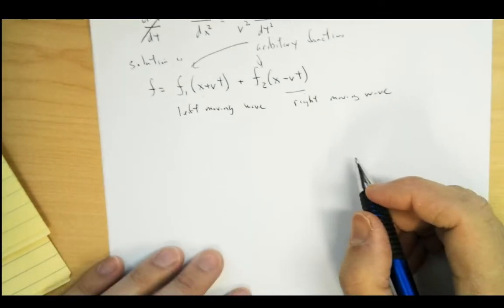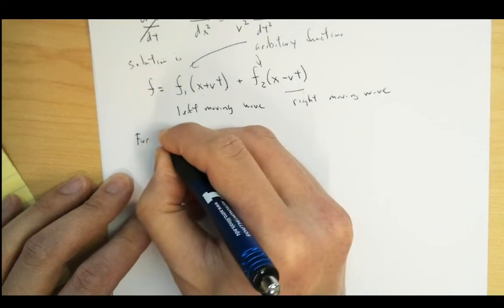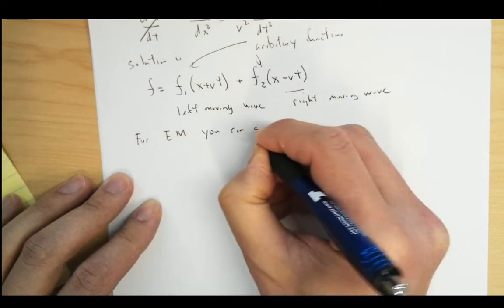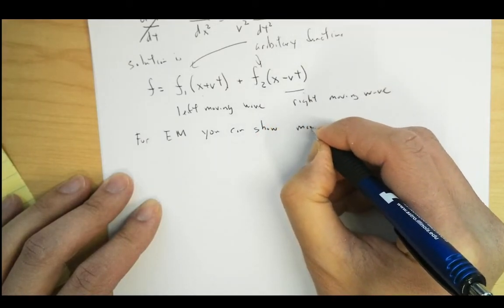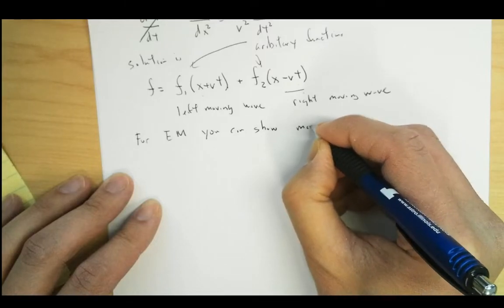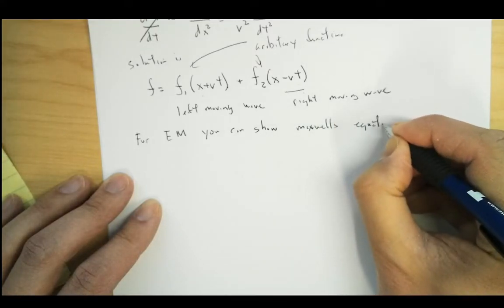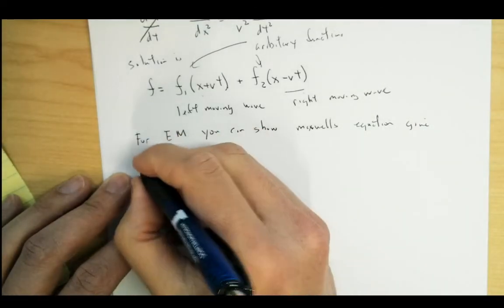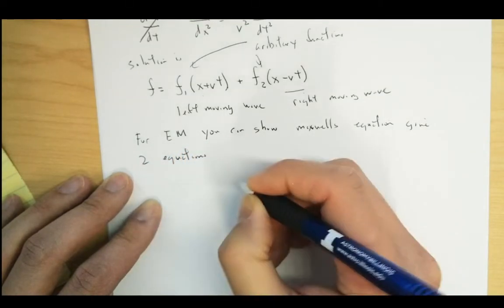Okay. So I won't derive what these equations are, but for E&M, electromagnetism, Maxwell's equations give two equations, and these are the two equations.